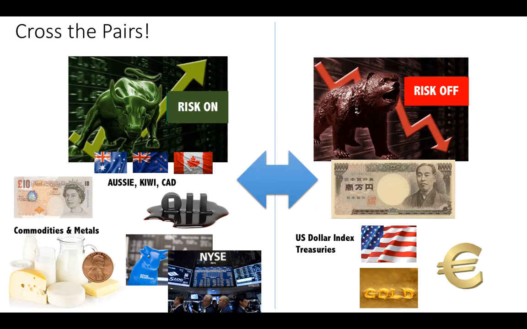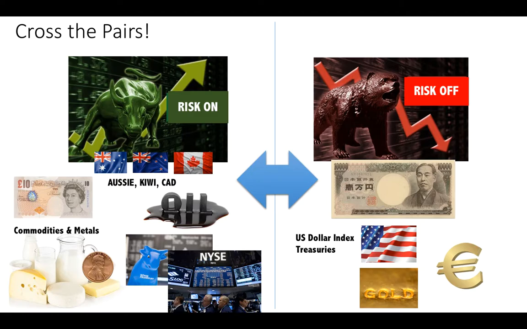So here's how it works. Let's say we're in a risk-off situation. Now, in a risk-off situation, all you need to do, if you know what to trade, you have to buy the assets on the right and sell the assets on the left. So in a risk-off situation, we would have to buy the Japanese yen against the assets on the left. So we'd have to buy the Japanese yen against the Aussie.